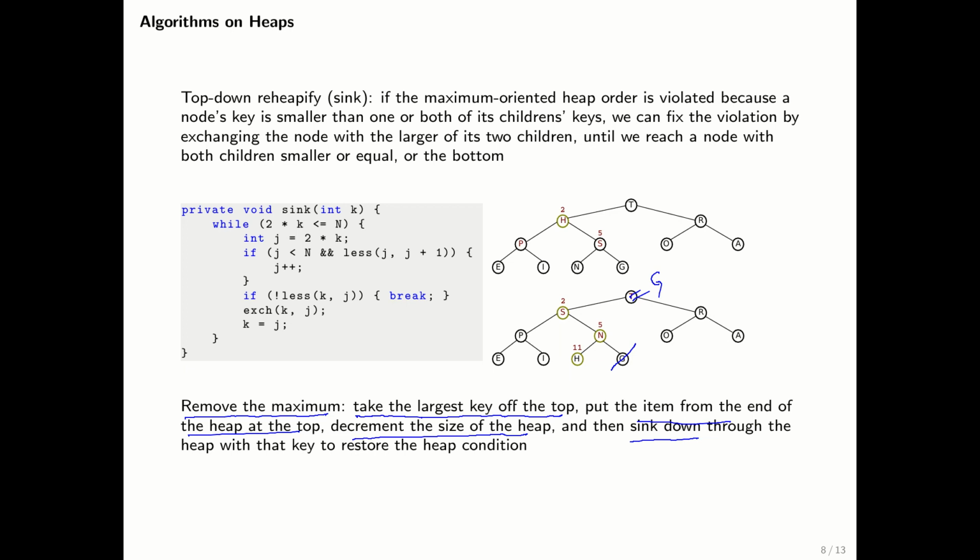So that's how remove the maximum operation is implemented. So what is the running time here? The running time is log n, because in the worst case this sink operation has to traverse this entire tree whose height is bounded by log n, because it's a binary tree.